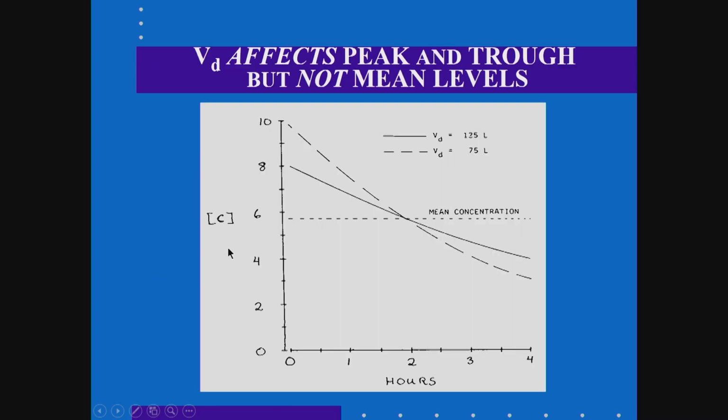And this is shown in this example where the volume of distribution is either large or small, and the same dose being administered over a dosing interval, and you see the variations in peaks and troughs, but the mean estimated concentration over the dosing interval is the same and corresponds, of course, to that dosing rate and the elimination clearance.